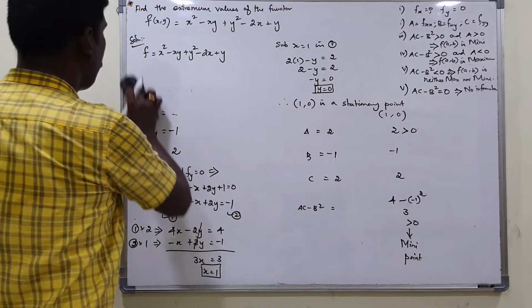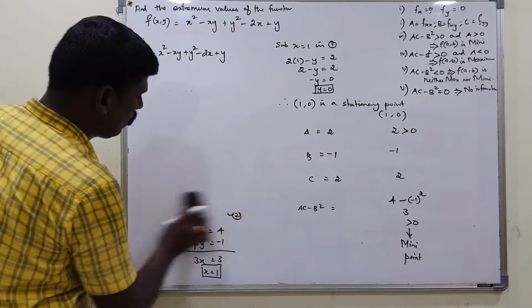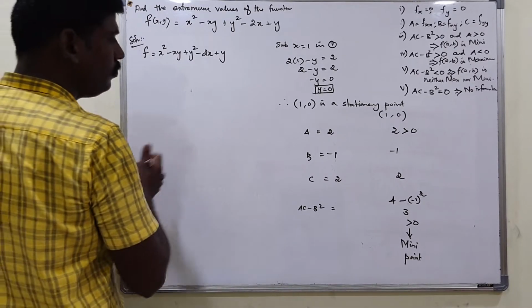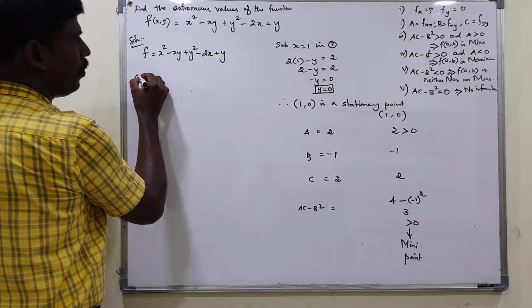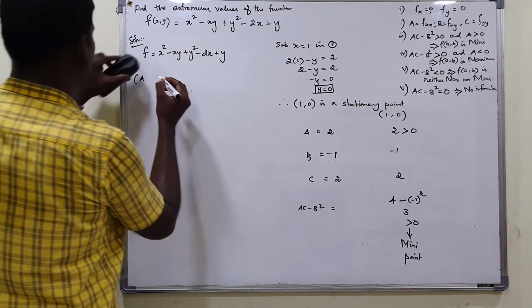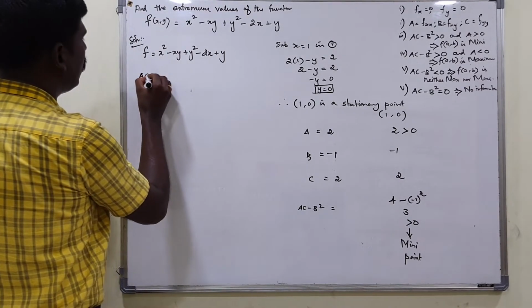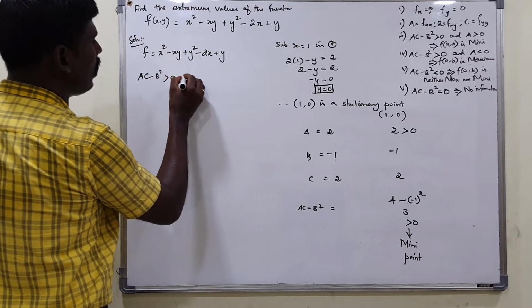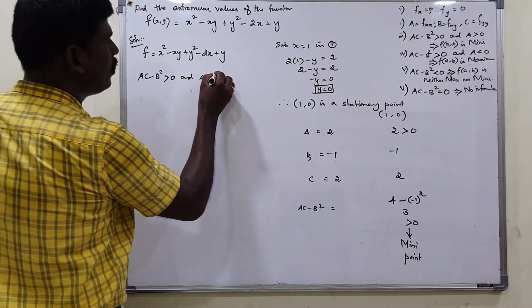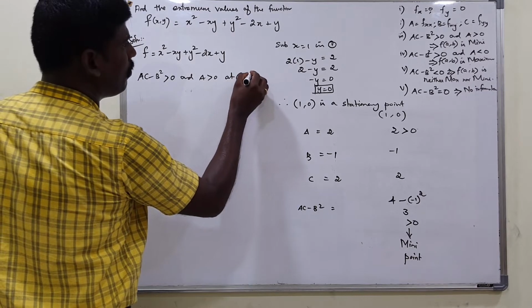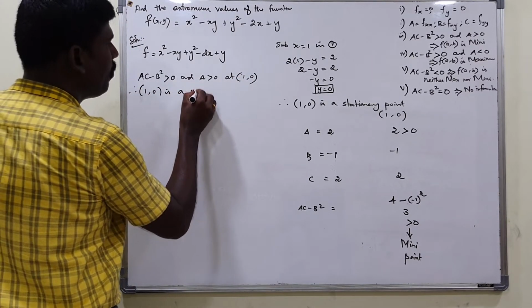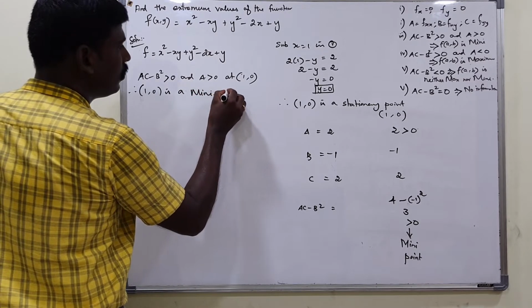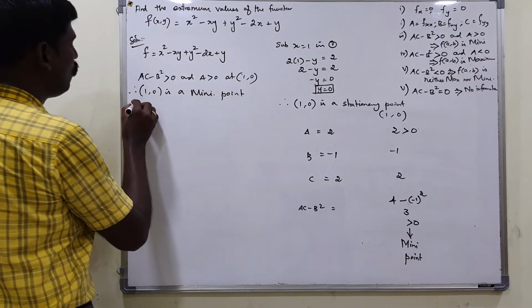Therefore, ac minus b square is greater than 0 and a is greater than 0 at (1, 0). Therefore, (1, 0) is a minimum point, isn't it?